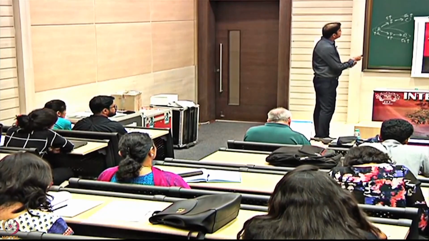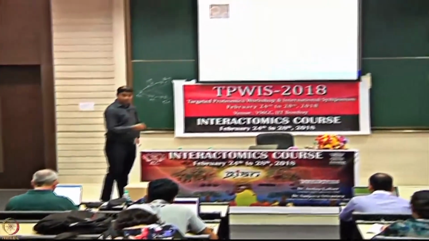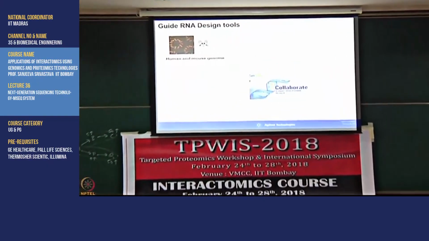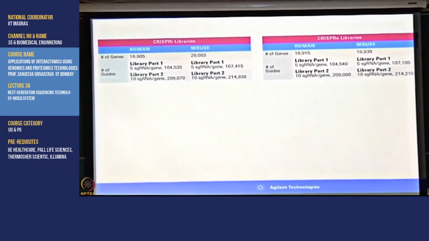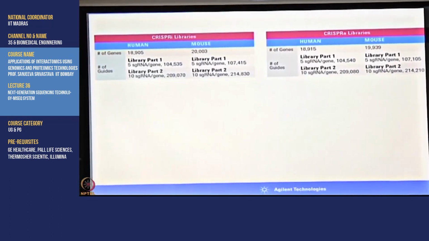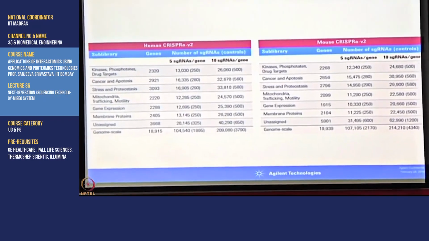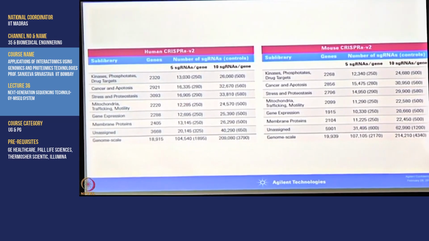In that context, Agilent is happy to collaborate with people who are interested in making guide RNAs. We already have some guide RNAs for different diseases. If you have cancer panels, we already have these genes and the guide RNAs we made.